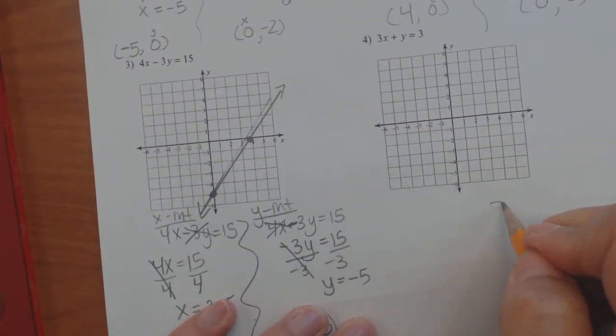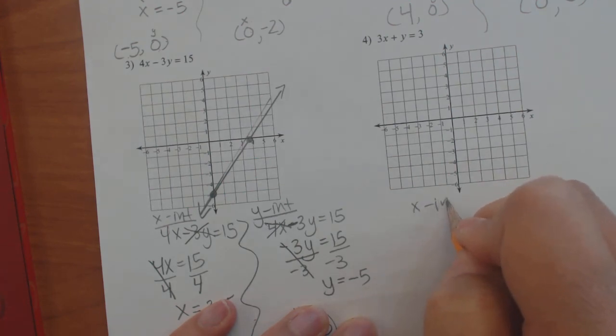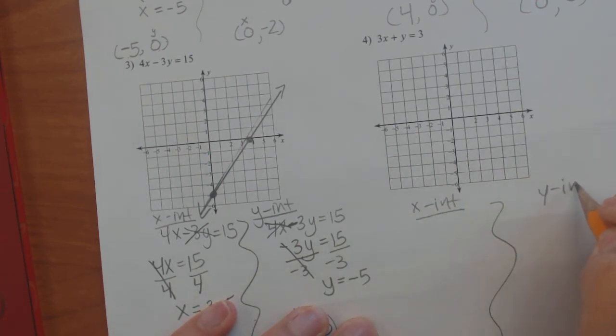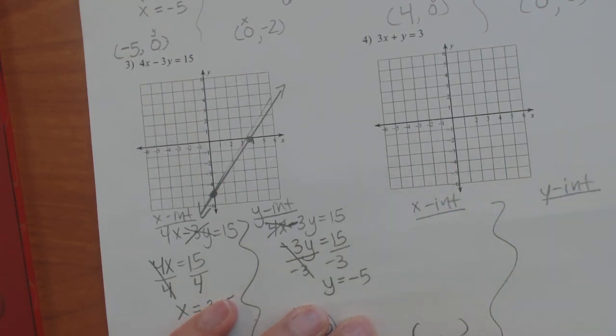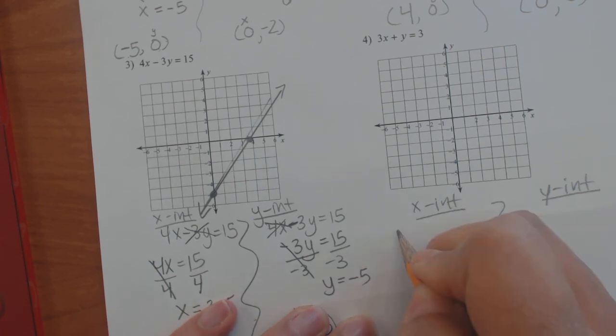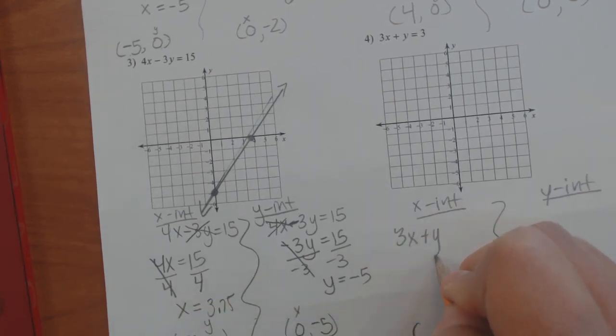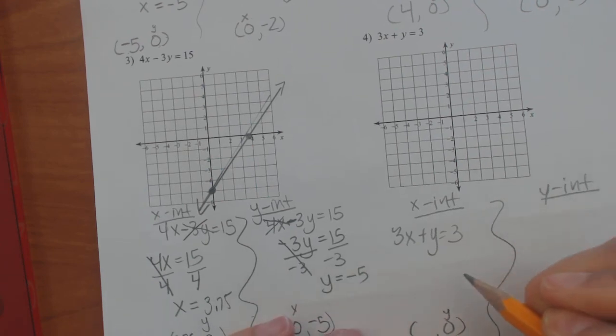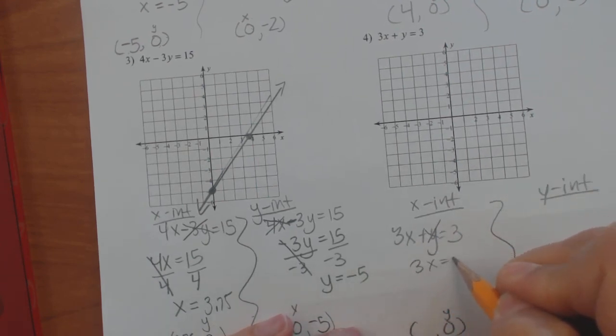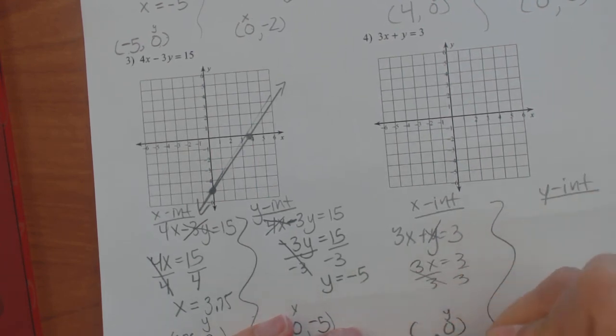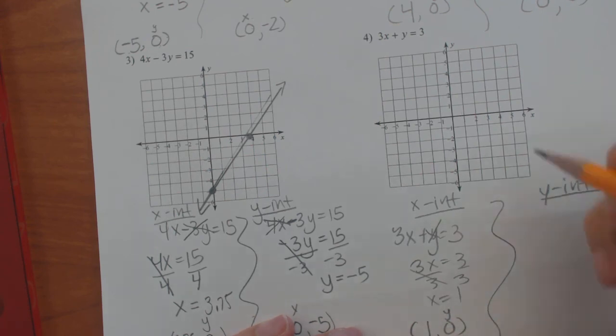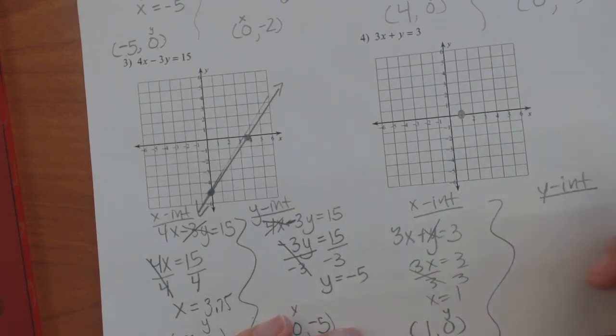Now my last one, I'm going to go through rather quickly. I have my x-intercept, my y-intercept. Here 0 in for my y. 3x plus y equals 3. Cross out my y, get 3x equals 3 and divide. So x equals 1, plot 1, 0.